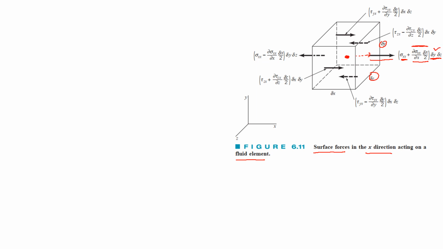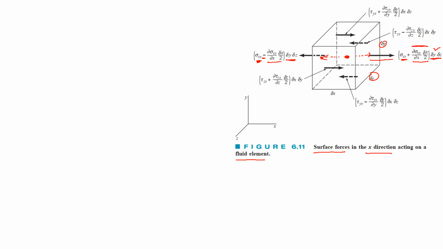Similarly for this normal stress, this is the stress at the center, and as we move in this direction to this face, we will be moving in the negative x-axis, so we put the negative sign, and this term represents the gradient of the stress as we move from the center to this face of the plane in the negative x direction, multiplied by the area.